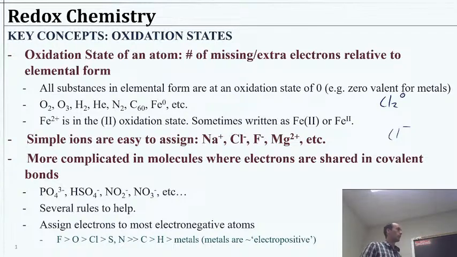So they're going to get last pick, and they're the ones that are going to be lacking the electrons typically. This also means that fluorine would take electrons from oxygen, or from chlorine, for example, if we had those two doing some sort of interaction.